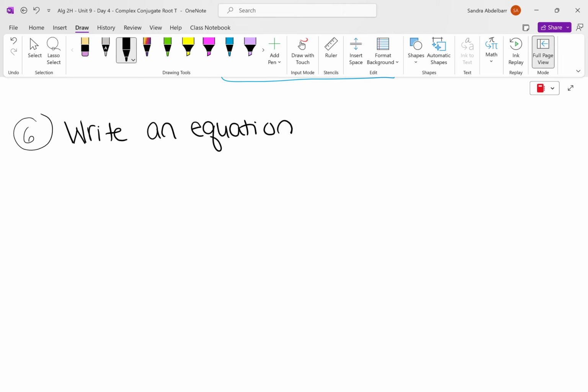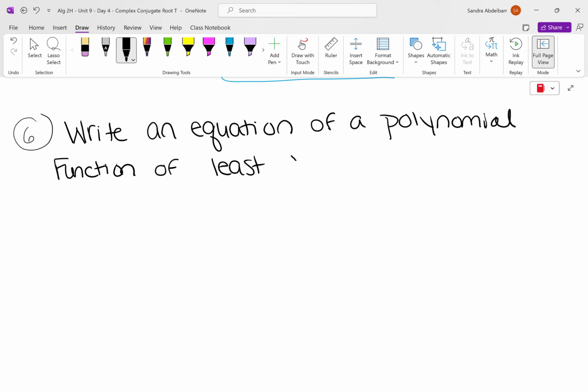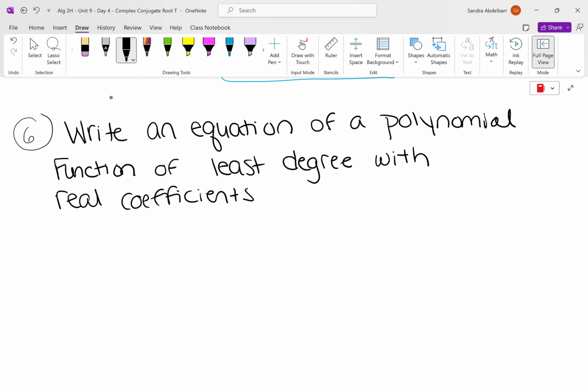I'm going to say write an equation of a polynomial function of least degree with real coefficients whose zeros are 6 and 4 minus 2i.